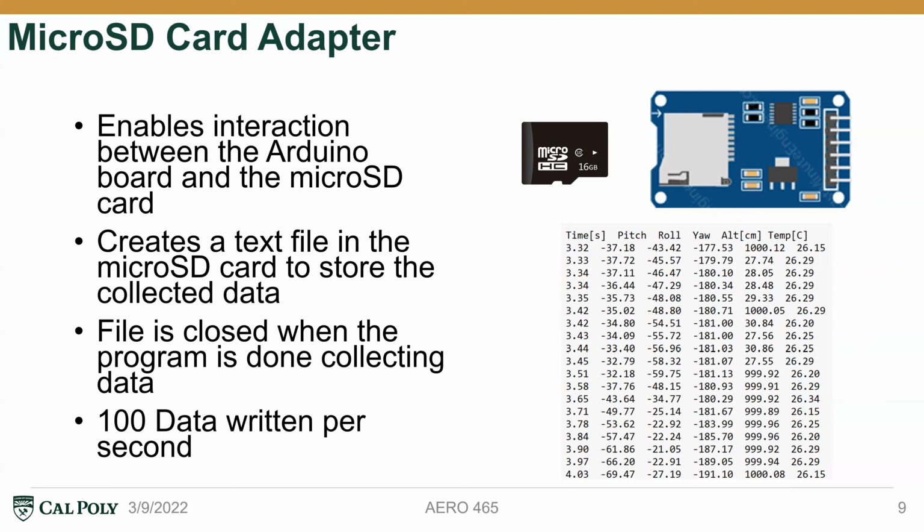During operation, our Arduino writes data to the card in the following format: time, pitch, roll, yaw, altitude, and temperature. We set up the format using the code that we provide to our Arduino, so that everything is lined up and well organized.